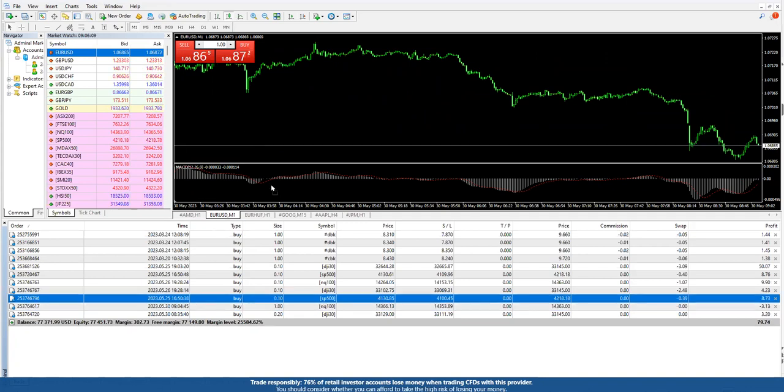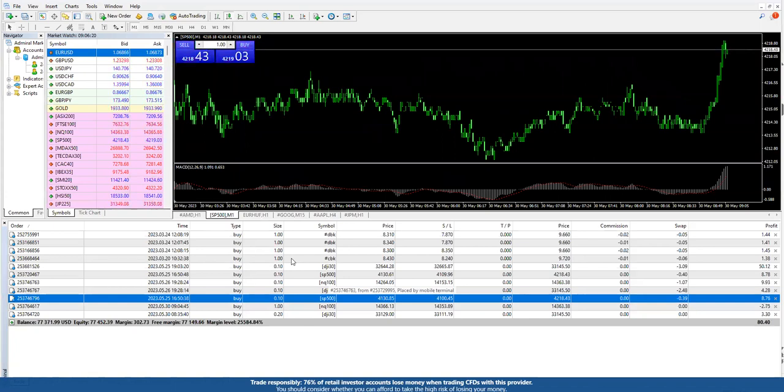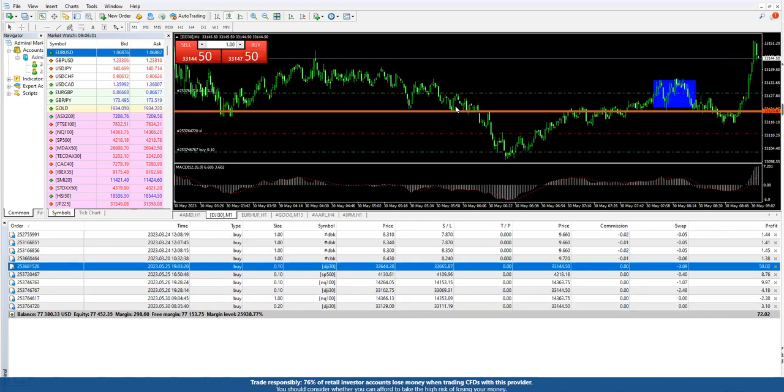Let's go to S&P 500. There was a breakout here. Let me check what kind of positions I have. I have 2 S&P positions, and I will close this one. This is a partial closing. And I have 1 long-term Dow Jones position.